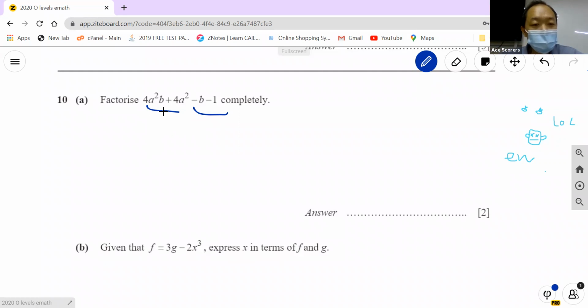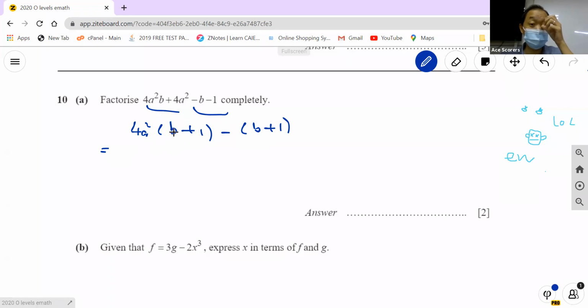Okay, 4a squared b plus 4a squared minus b. Okay, this one a bit tough. Let's say I take out 4a squared from the first two. I got b plus 1. Oh, can already. Take out minus 1, so left b plus 1.